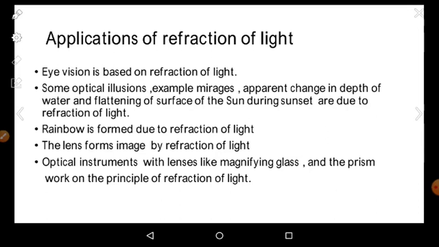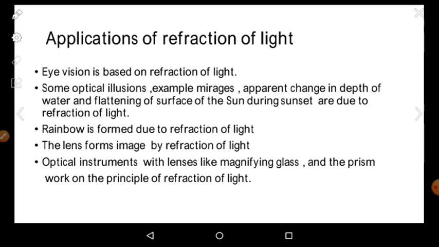Optical illusions like mirages: we can see an illusion of water on the roads during summers. Also at the horizon, at the time of sunset, the bottom of the sun appears slightly flattened.